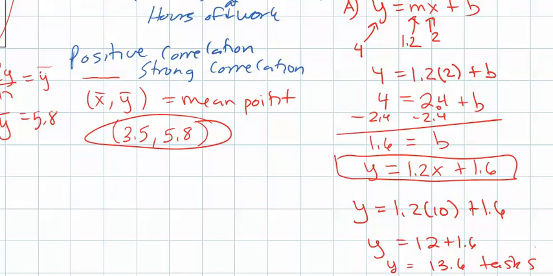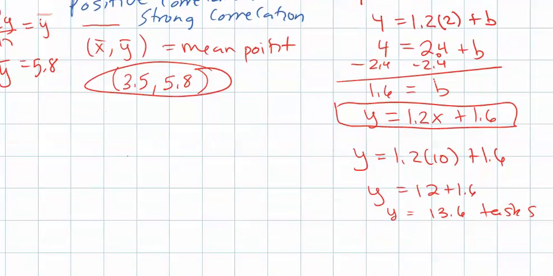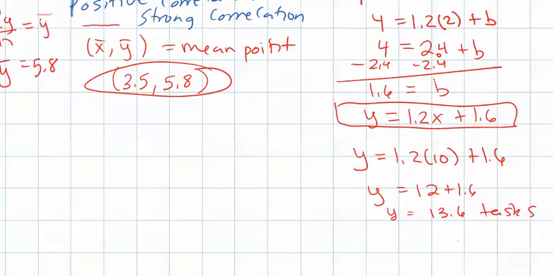I could also use this equation to say, well, if I complete 20 tasks, how many hours did I work? Since tasks is my y, I would say 20 is equal to 1.2x plus 1.6, right? So now I'm going to solve for x.